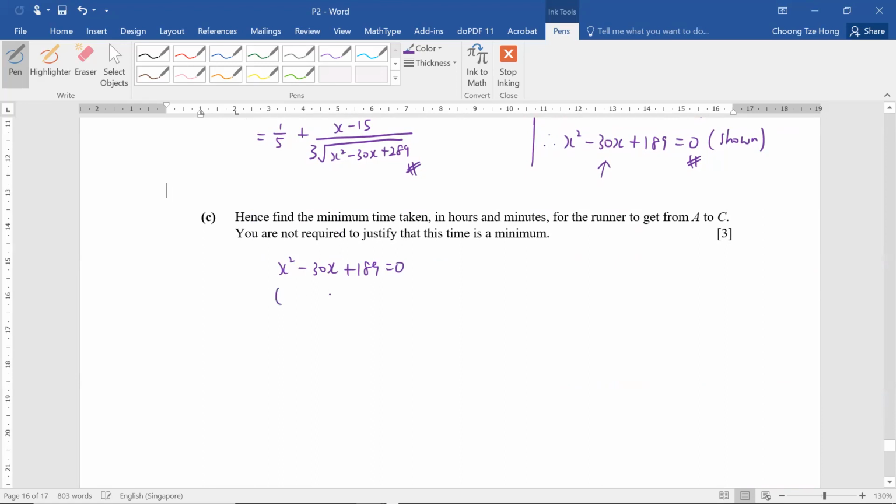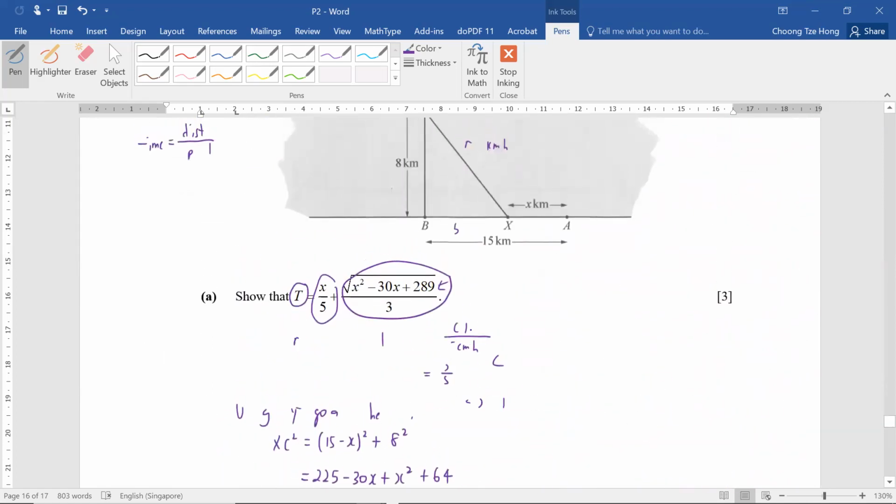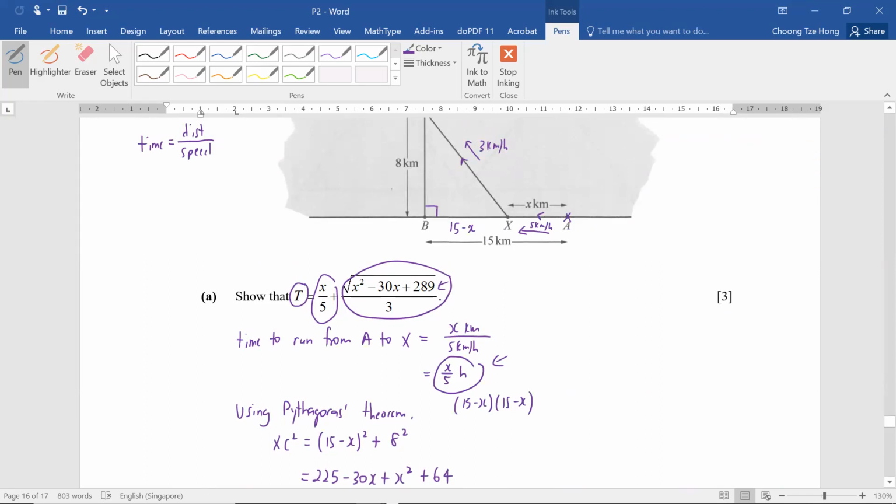So factorize this: you will get x minus 9 and x minus 21. So either x minus 9 equals 0, x equals 9, or x minus 21 is 0, x equals 21. We have to reject x equals 21 because if you look at the diagram, AB is only 15, so x cannot be more than 15.